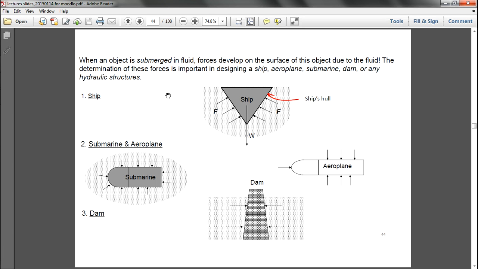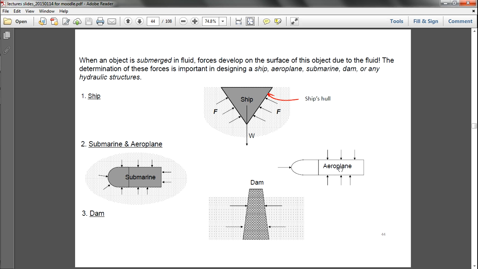So topic 3 says that the forces are acting on the surface of this object. The keyword is the surface of the object. The forces act on the surface of the object when the object is submerged, say within the sea, or in very high air where the pressure of the air is different from atmospheric, and also from the inside of the airplane.